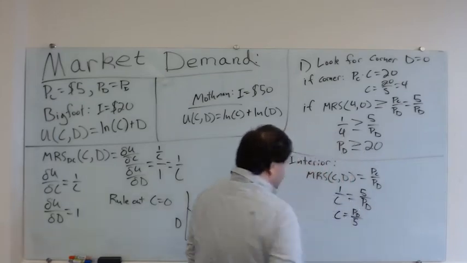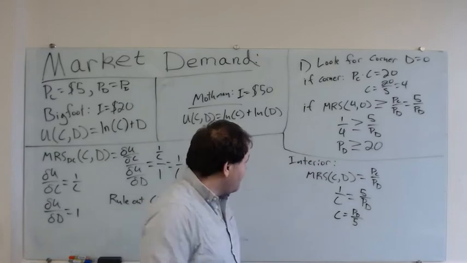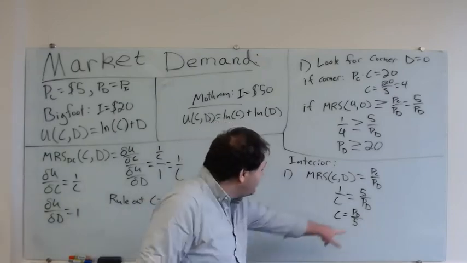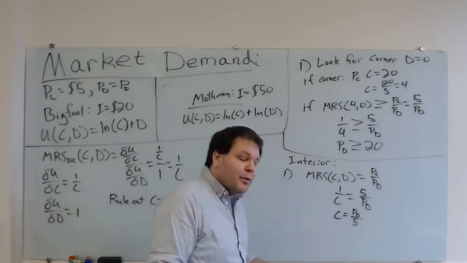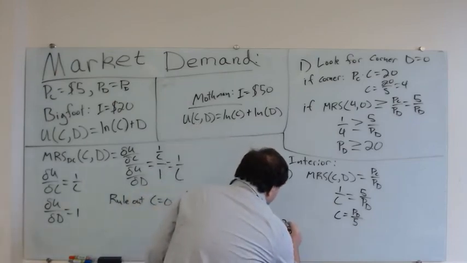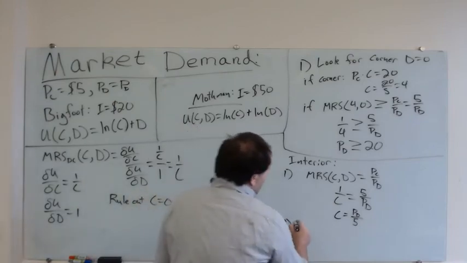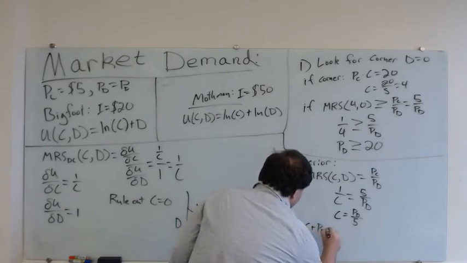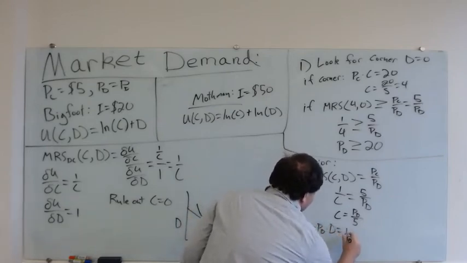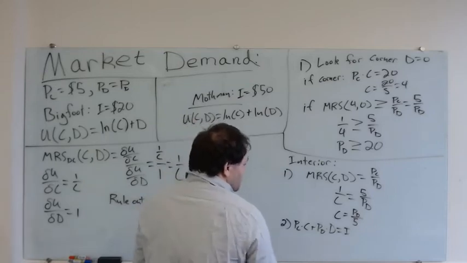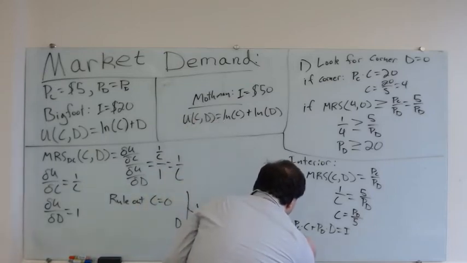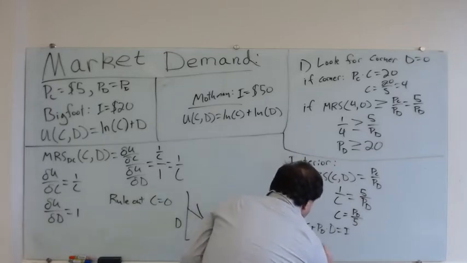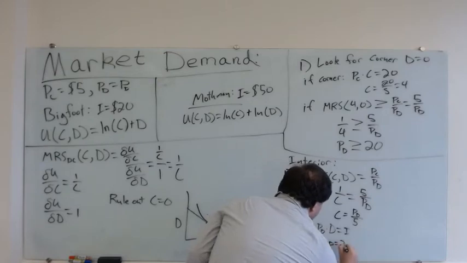What do we do now? Now we plug this into our budget constraint to get the number of dollies, right? Right, so we know that PC times C plus PD times D has to equal our income, right? So that means 5 times PD over 5 plus PD times D equals 20 bucks, right?